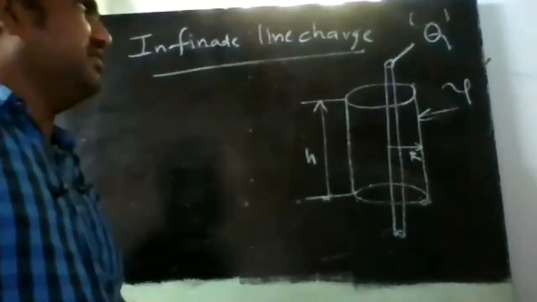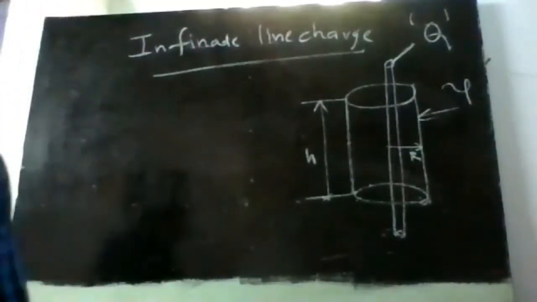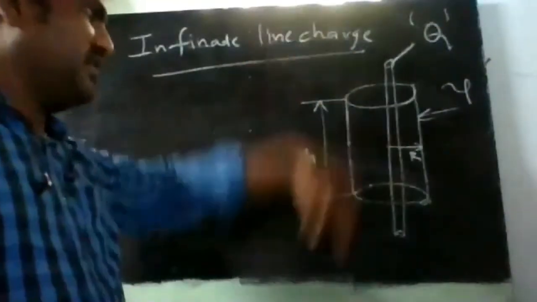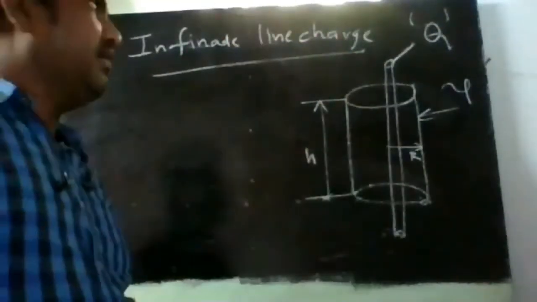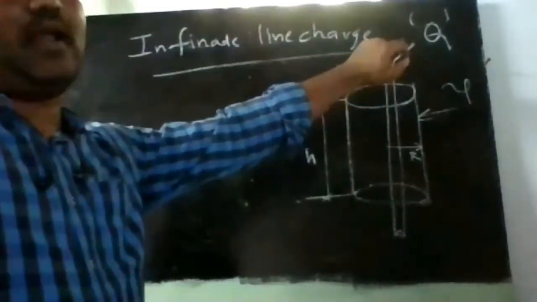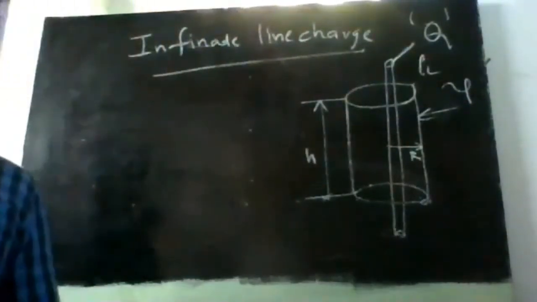First point is, we are given an infinite line charge. The length of the charge is infinity. The charge of this particular line is Q, and let us assume that rho l is the line charge density of this particular material.